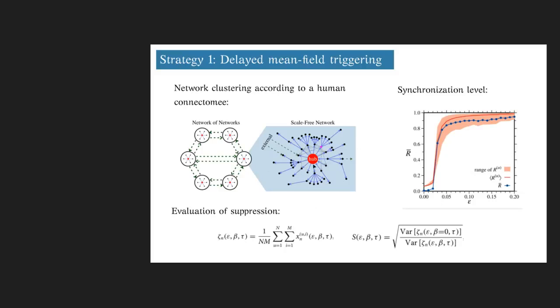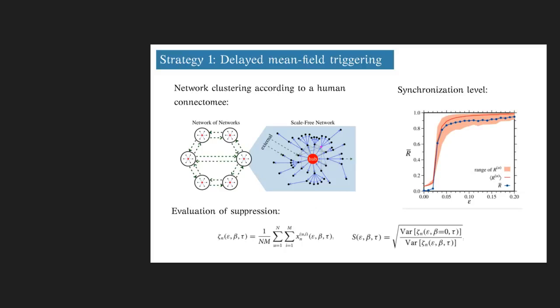The scale-free network has a hub and other secondary hubs. We can perturb a single hub, we can perturb a percentile of the network, or we can perturb all neurons in the network.